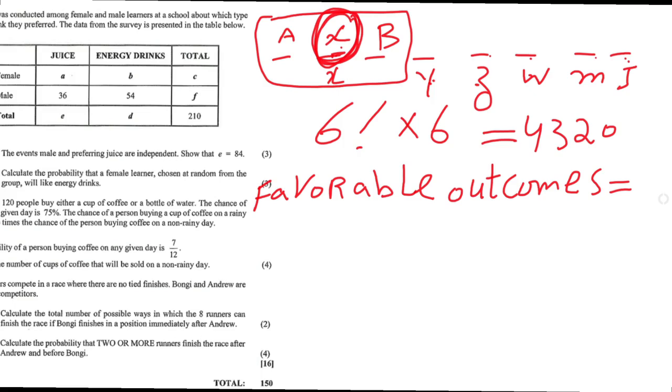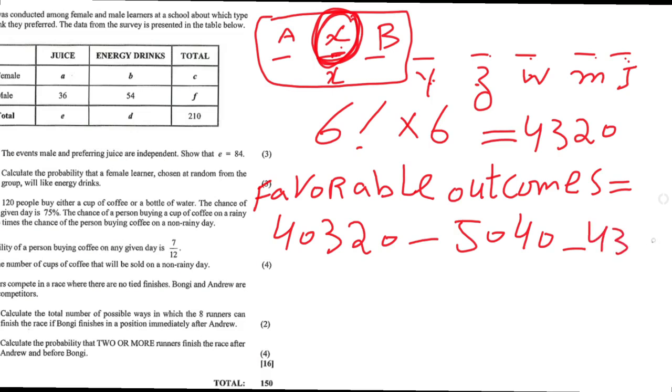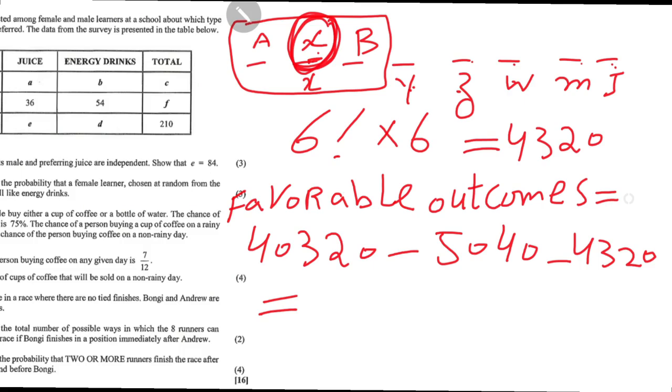So the favorable outcomes will be the total outcomes, 8 factorial, which is 40,320, minus the outcomes with n equal to 0, where between them is nothing, that was 5040, and minus the outcomes with n equal to 1, where between them is 1, that's 4320. Now I use my calculator.